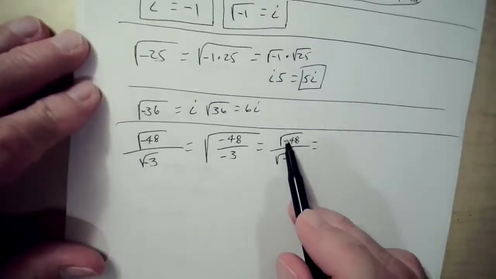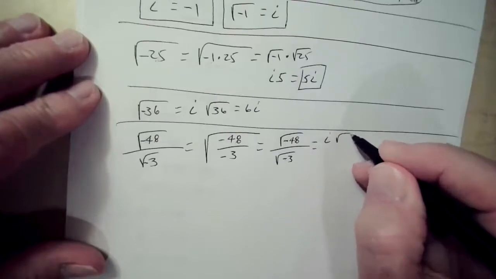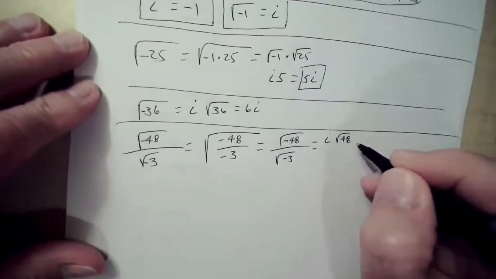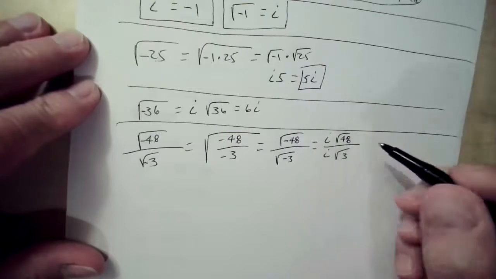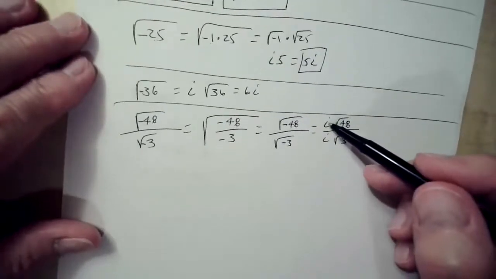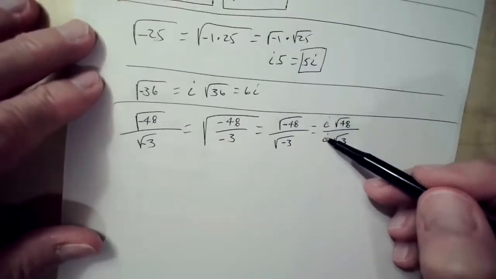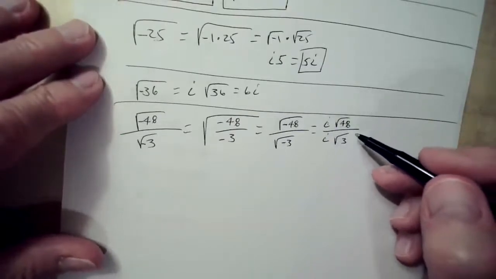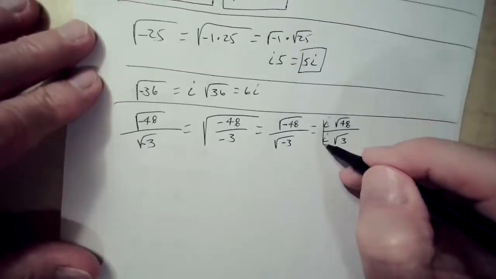Okay, now when we have negatives on the inside of the radical, we can just bring out an i. Now i you can think of as a number. i divided by i is 1, so we can just eliminate that.